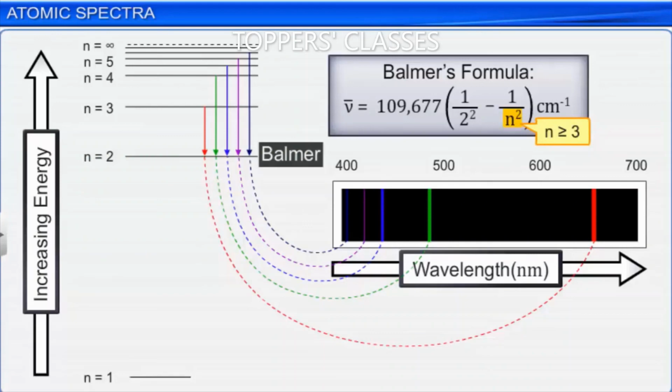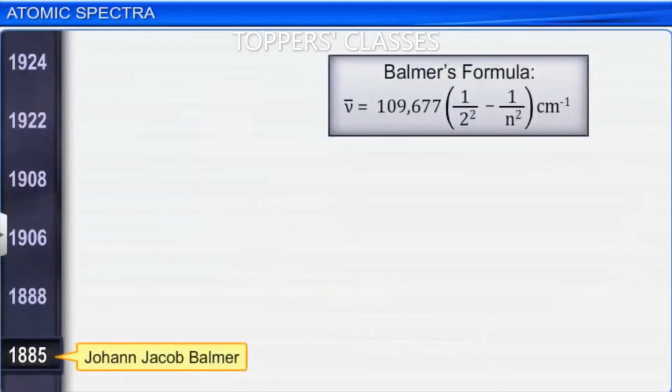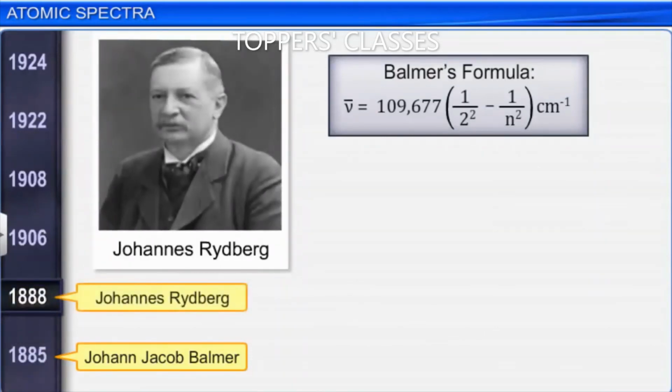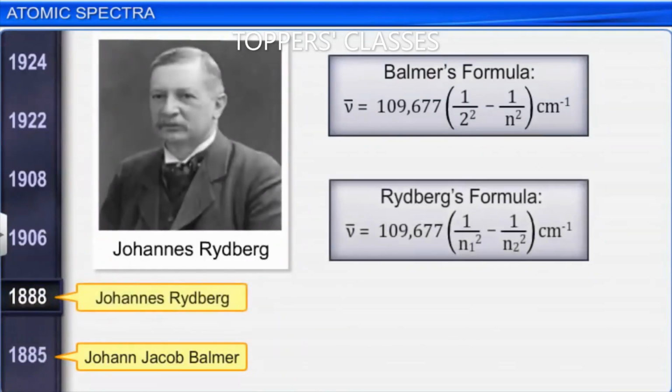Balmer's formula inspired the Swedish spectroscopist Johannes Rydberg to come up with a modified formula to describe all series of lines in the hydrogen spectrum. The equation may be written as wave number, nu bar, is equal to 109,677 multiplied by (1/n1² minus 1/n2²) per centimeter.